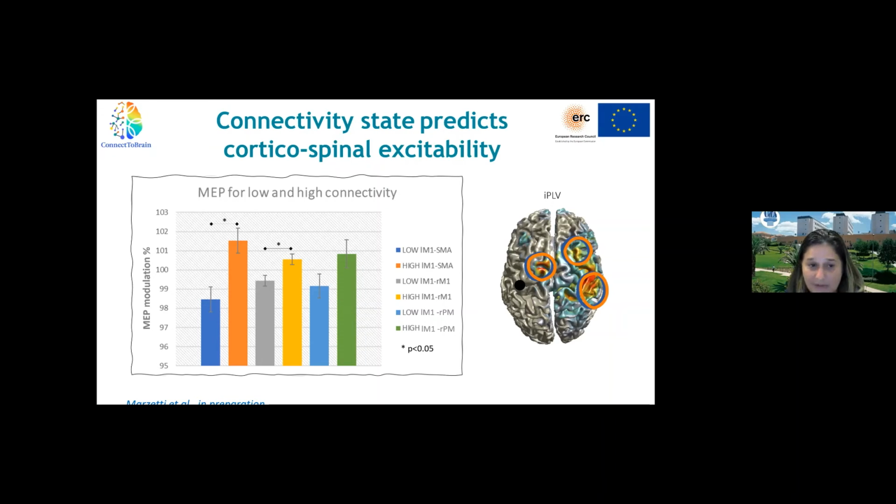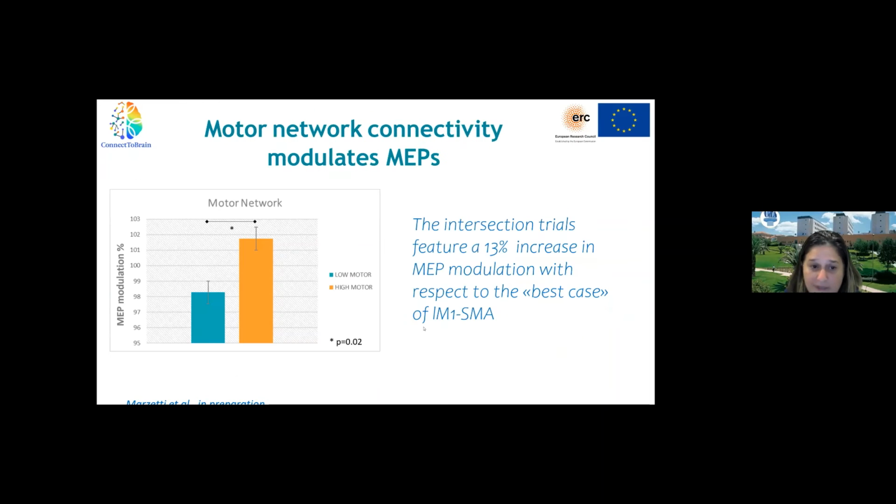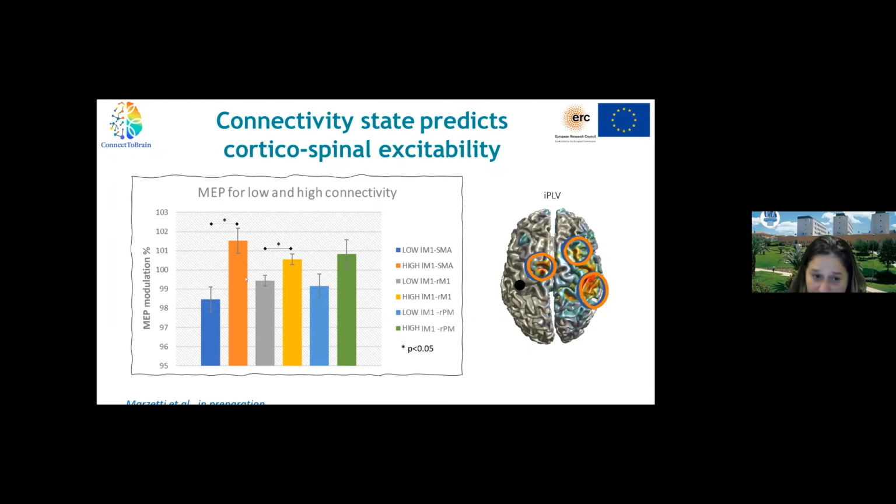But then we asked ourselves, okay, we could look at these regions independently, but if they act as a network, then maybe we should put together the trials in which both are high: the connectivity between the left motor cortex and the SMA, and the connectivity between the left motor cortex and the right motor cortex.